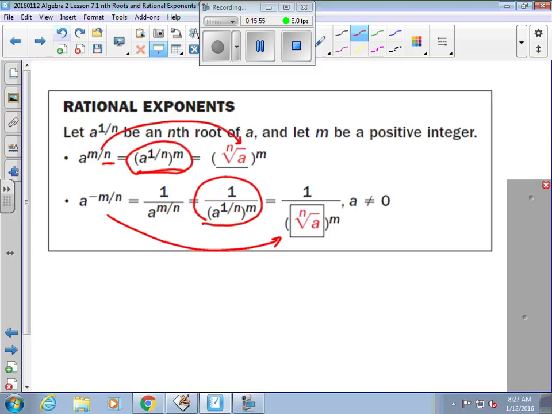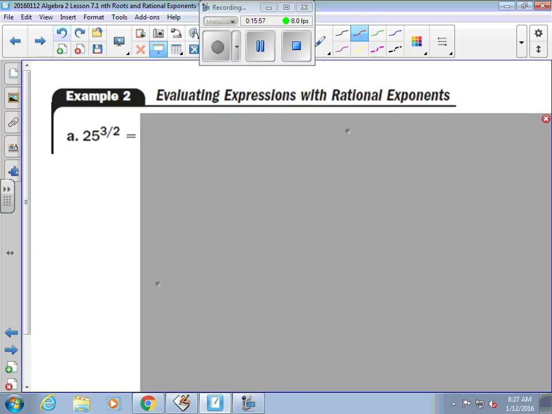Okay, when you see that with some numbers, it makes a little bit better sense. 25 to the 3/2 power. We're going to rewrite that as a radical of 25. This is the index, so 2. This is what it's raised to after you do what's inside parentheses.